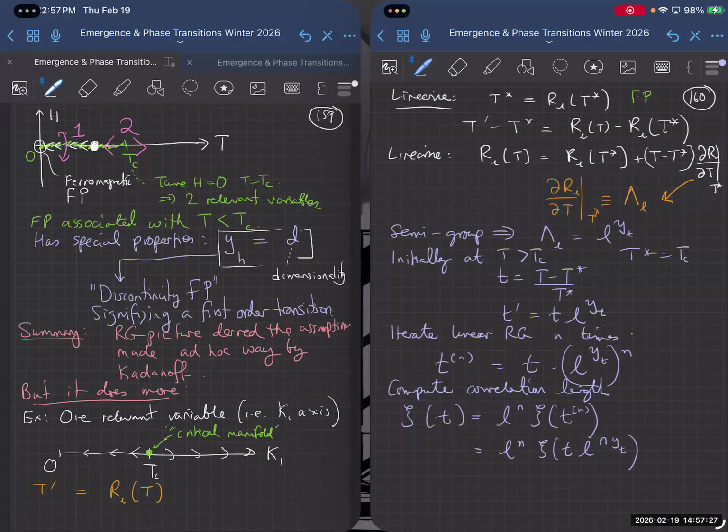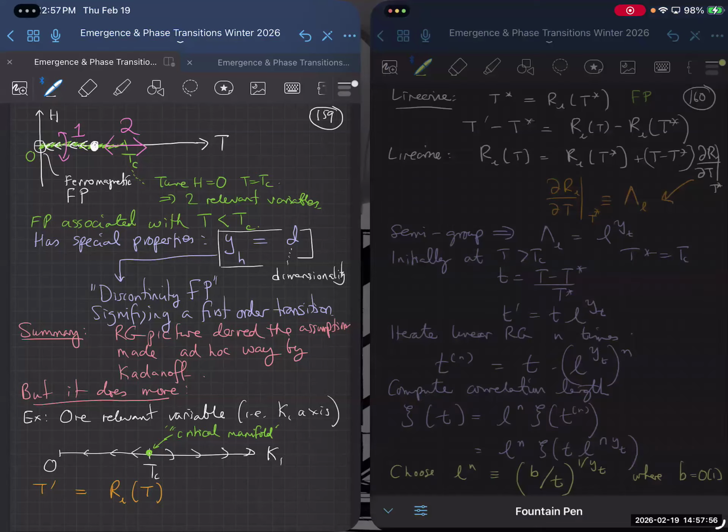And then the usual thing in the renormalization group is I'm going to choose L to the n in such a way that it is equal to some number of order unity, which I'll call b, over t raised to the power 1 over y sub t. There's nothing to stop me doing that, where b is some number of order unity.